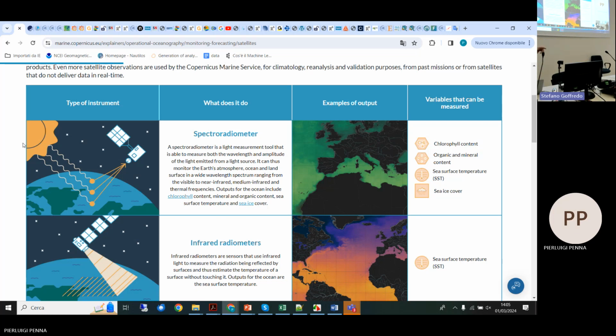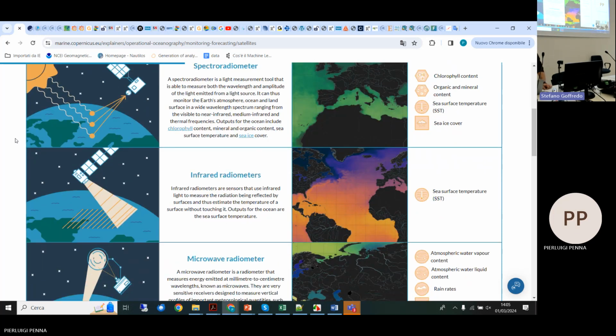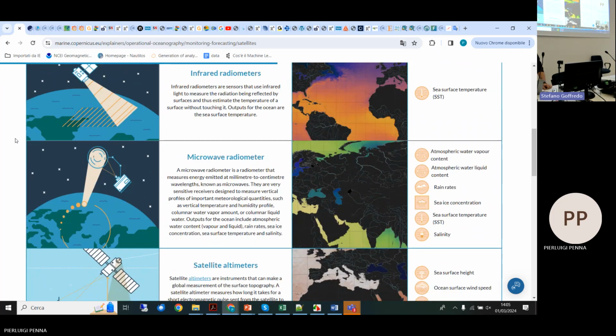In my presentation, I leave you the link so you can access the entire catalogue. Just to know that there are different satellites, so different products, and in Italy these products are managed by CNR, ISAC, or ISPRA, or also private companies that collect all data and make some specific product.